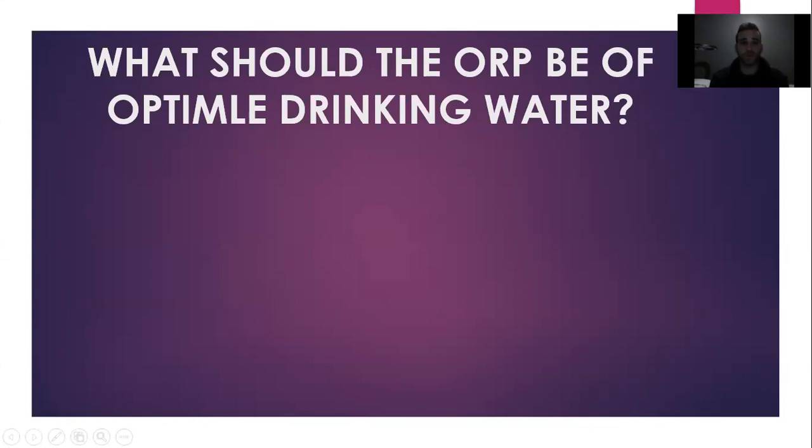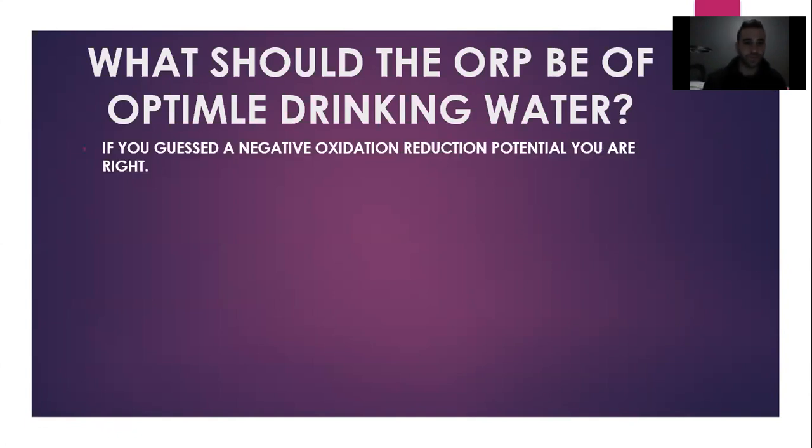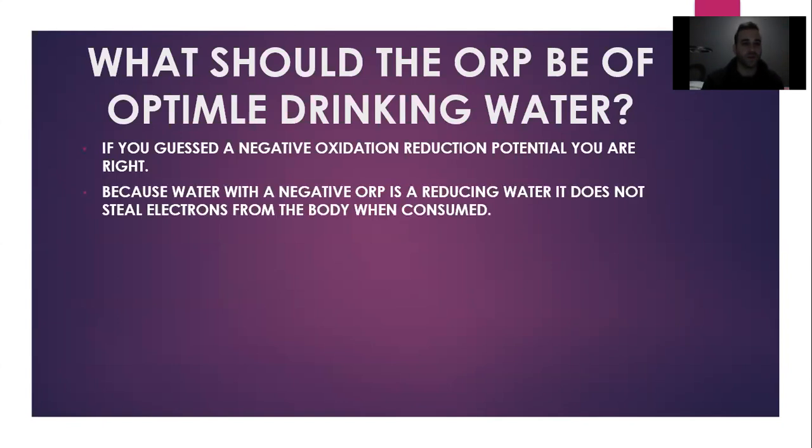What should the ORP be of optimal drinking water? If you guessed negative, you're right. If you guessed negative oxidation reduction potential, you are right, because water with a negative ORP is a reducing water. It does not steal electrons from the body when consumed.